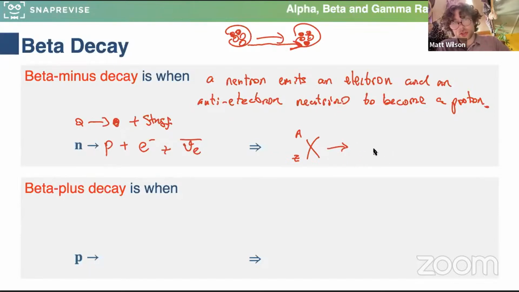Then we can write what's going to happen. Well, we'll get some new element, quite possibly. We're going to get our electron. Now, for the electron, we sometimes write it with a symbol beta instead, and that is to express the fact that it came from this thing we call beta minus decay. Okay, good. And that thing is negatively charged.